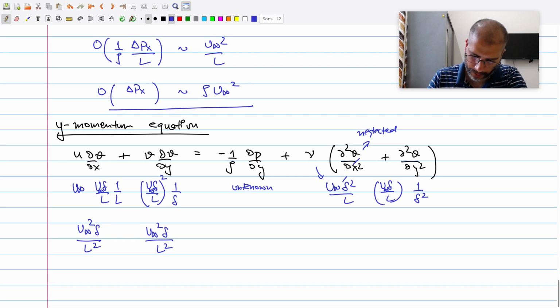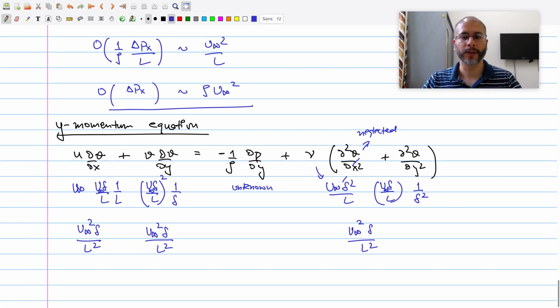So same order. That means these two convective terms are of the same order in the y equation. The third term is unknown, so we leave it. And the final one is u infinity squared delta upon L squared. So they are all of the same order.